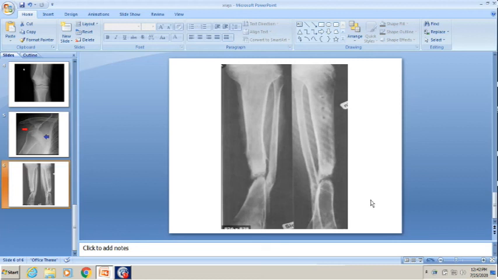So these are some conditions where you will get painful non-unions. Otherwise, commonly non-unions are not painful.